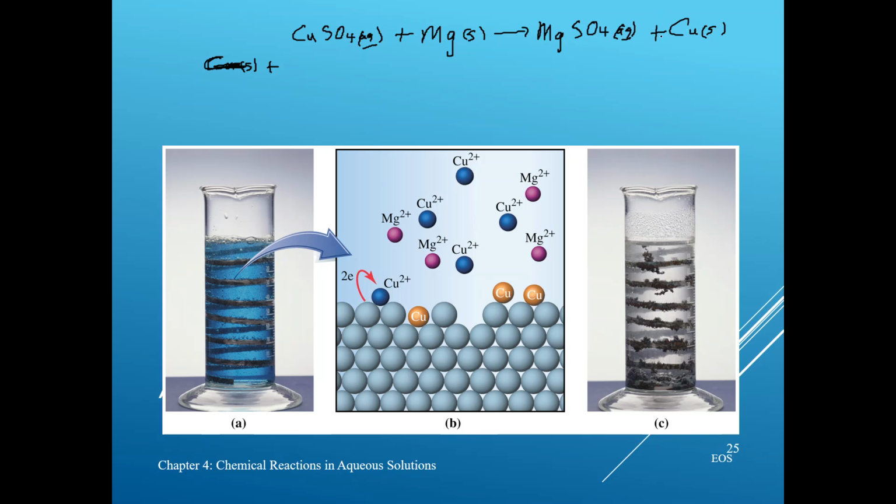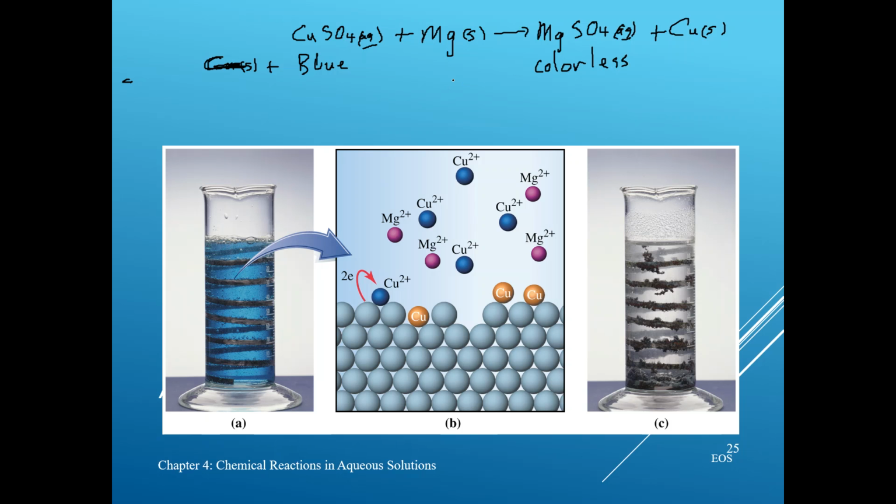Now, the thing about this is that the color of the copper 2 sulfate is blue, and the color of the magnesium sulfate is colorless. All right?